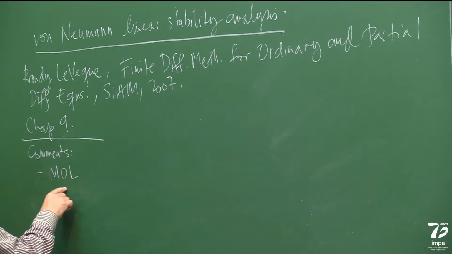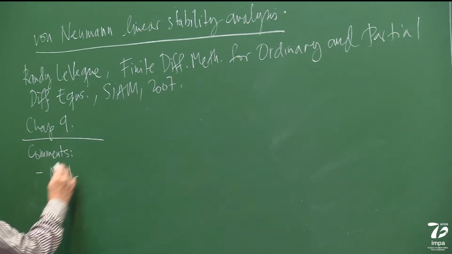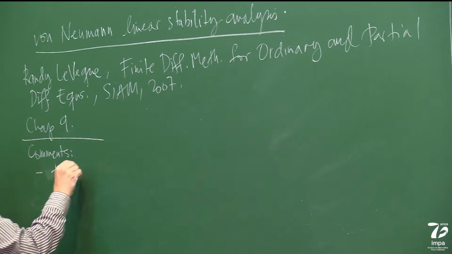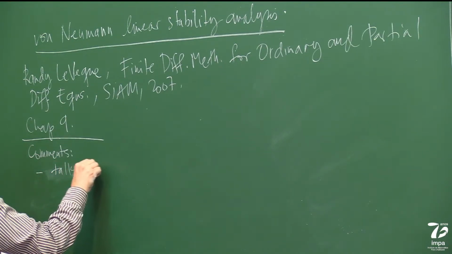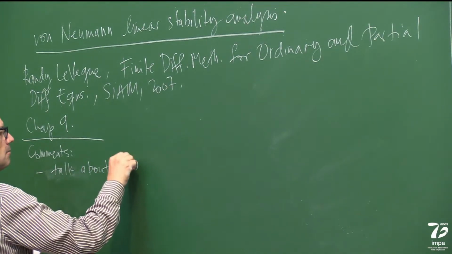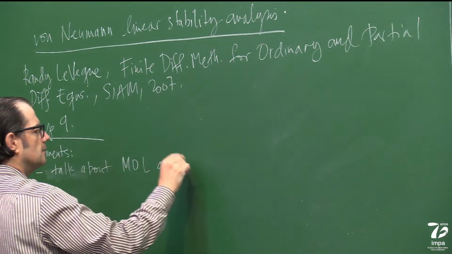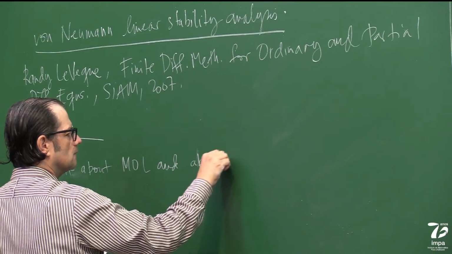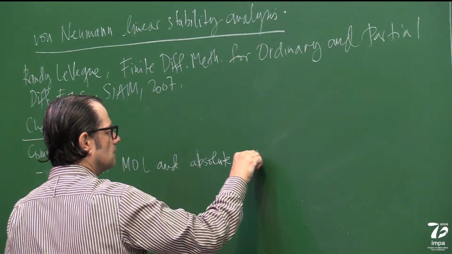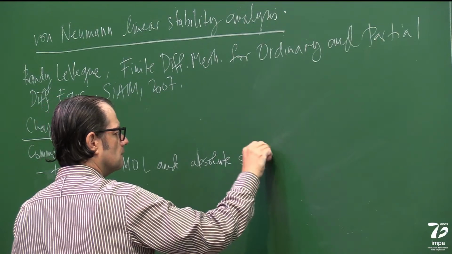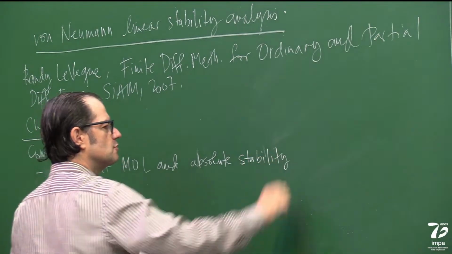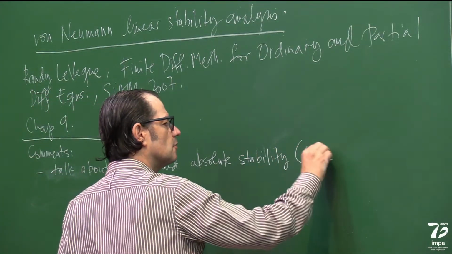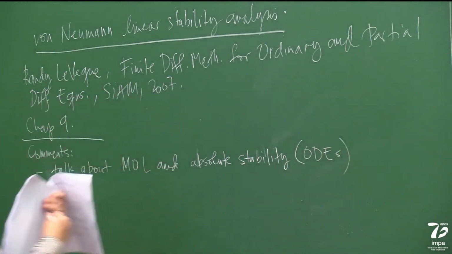So he will talk about MOL. Let me put it like this. He'll talk about MOL and absolute stability. If I'm talking about absolute stability, I'm basically talking about ODEs, right?